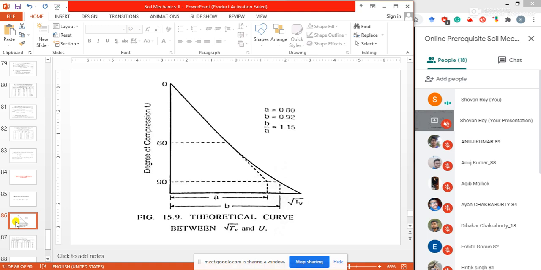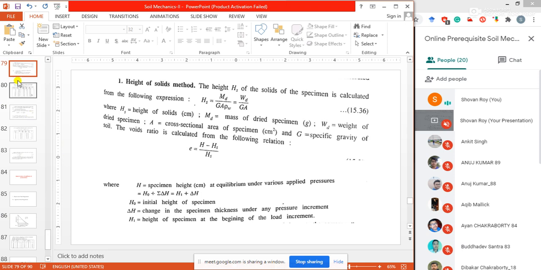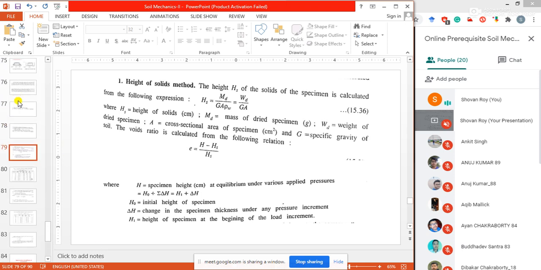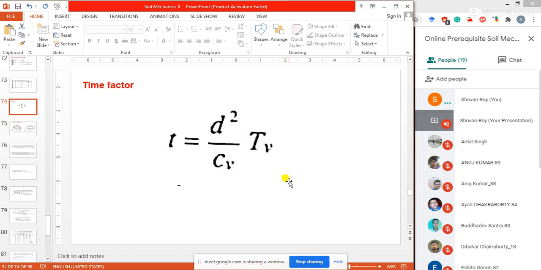So when our concern is the square root of time fitting method, the factors which are involved to find out this particular value, the coefficient of consolidation, are, as we have discussed earlier, two values: the time factor and the degree of consolidation.